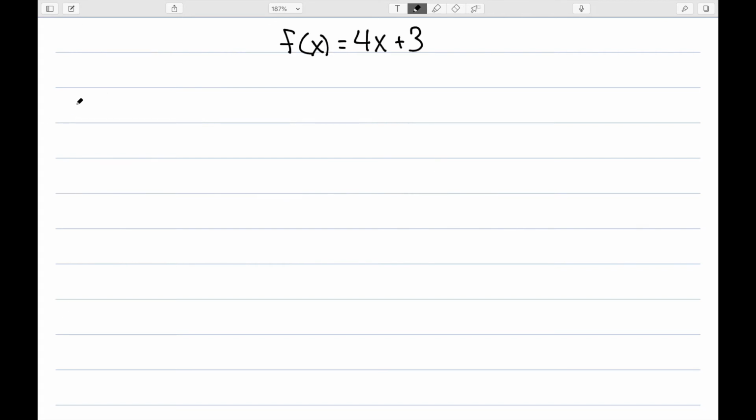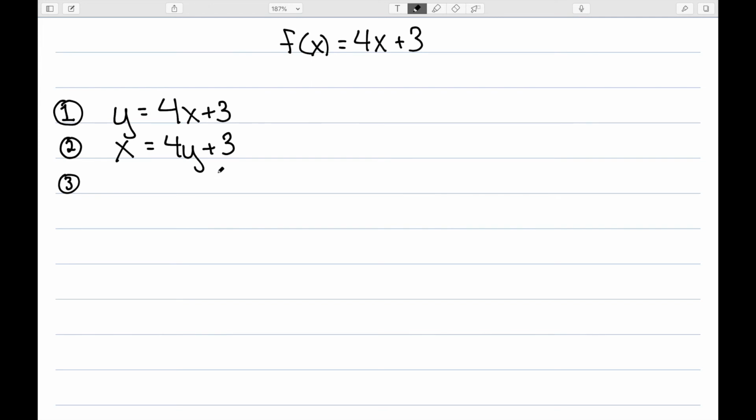My first example, f of x equal to 4x plus 3. Step 1 said to replace the f of x with a y, so I'm going to write y equal to 4x plus 3. The second step said to interchange x and y, so instead I'm going to write x equal to 4y plus 3. Step 3 wants me to solve for y, so I'm going to start by subtracting 3 from both sides.